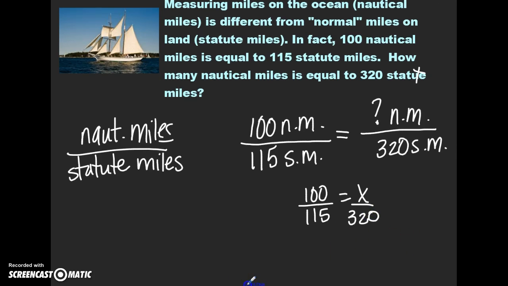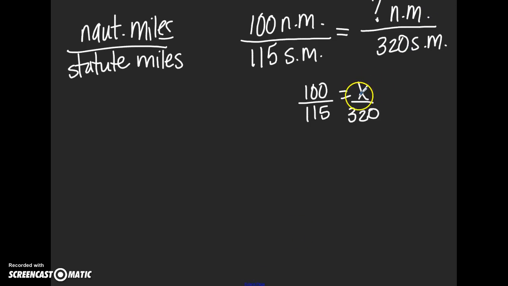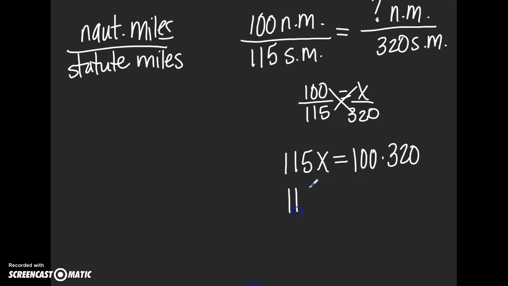So if I cross multiply, 115x, my other diagonal, 100 times 320. If you remember what I just said about multiplying by 100, 320 times 100, add two more zeros, so 32,000. And then divide both sides by 115.